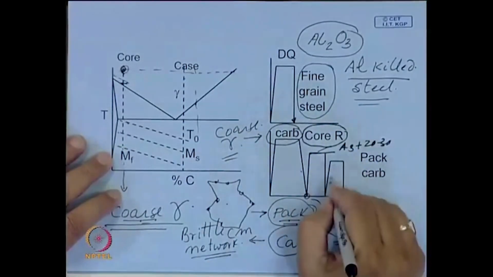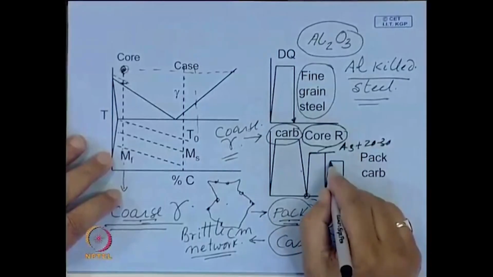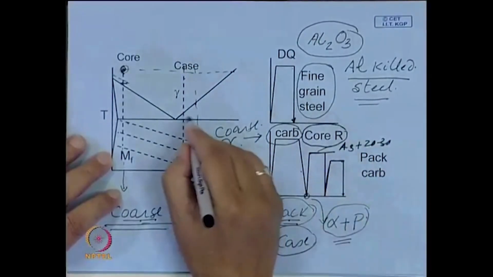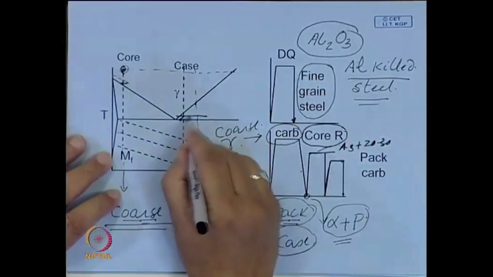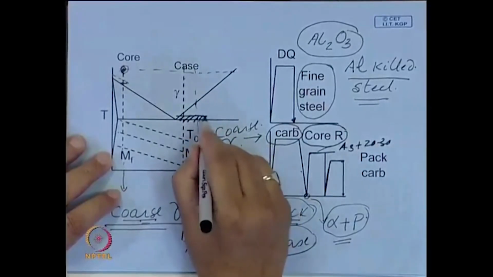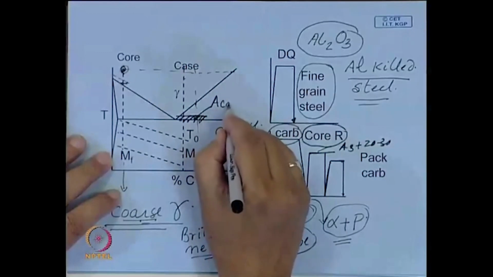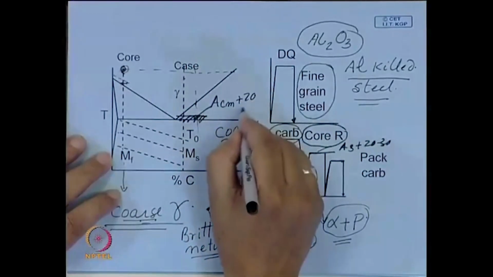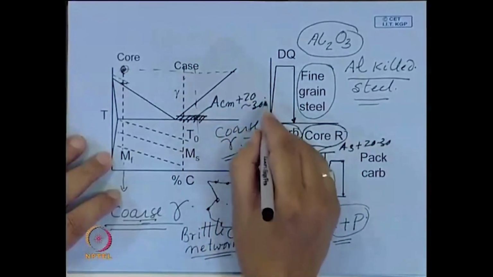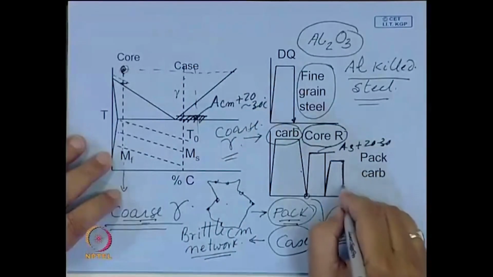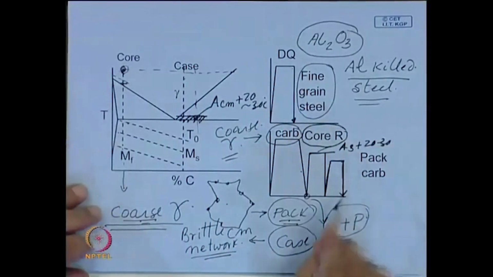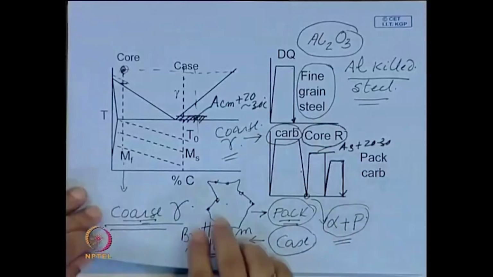Finally, you give the case hardening treatment, and here you heat it to ACM plus 20 to 30 degrees centigrade, because this case is hypereutectoid, and after that you quench. So, you will now have the final heat treated structure.